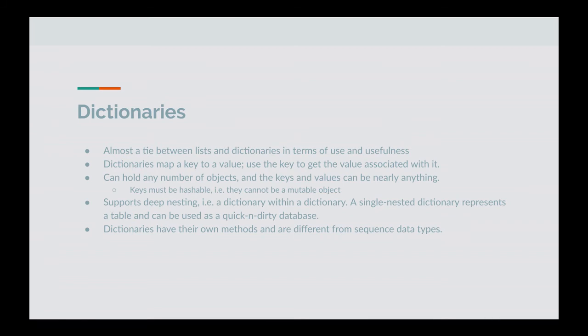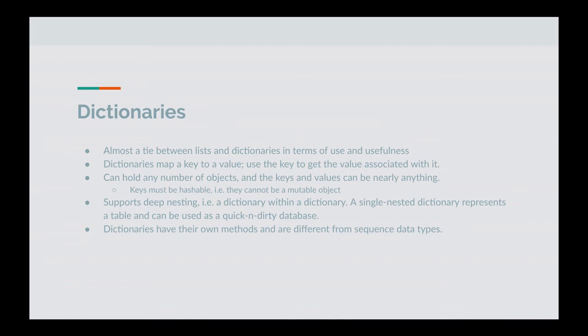So dictionaries are also very common in Python programs. Dictionaries, rather than just being a sequence of objects, is a sequence of keywords with a value associated with it. So you're mapping a key to a value, and to extract that value, all you need to know is the key. You don't need to know the index position or anything like that.